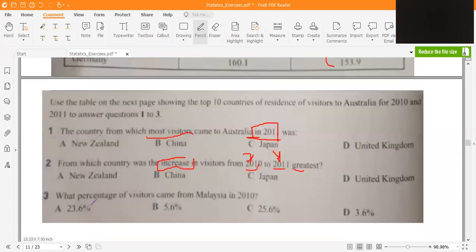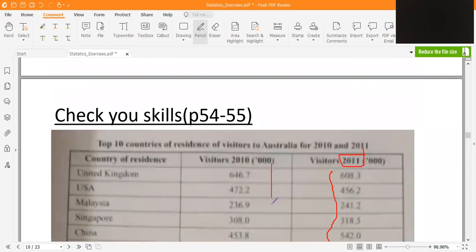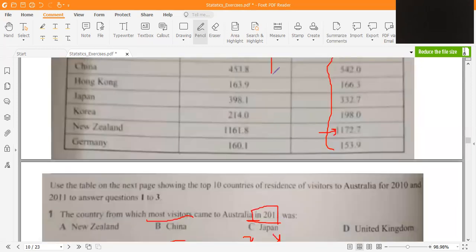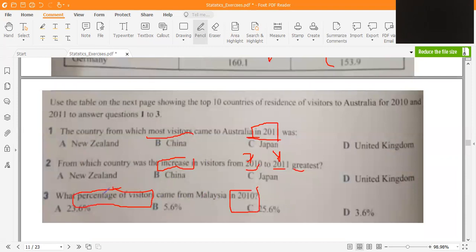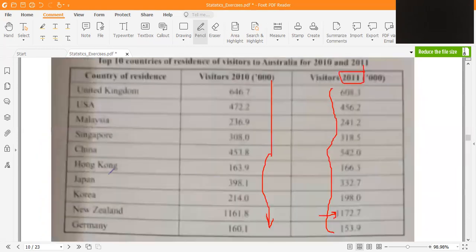Okay, what percentage of visitors came from Malaysia in 2010? Normally for percentage, we are interested in 2010, so we are interested in this column. He asked us to evaluate the percentage of visitors from Malaysia.